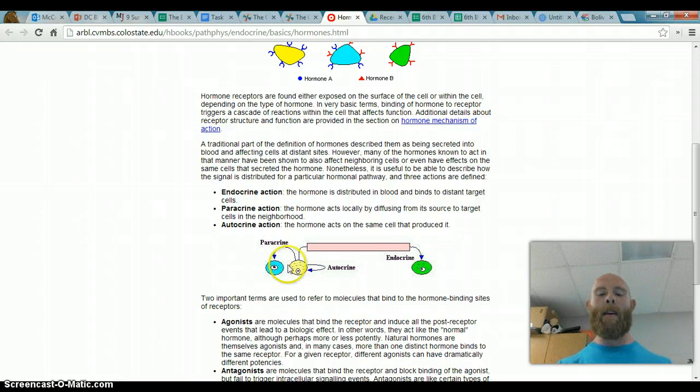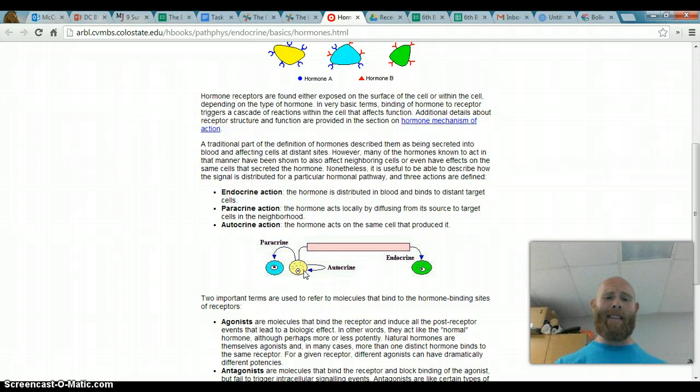We'll talk about that in just a minute. So paracrine is locally affected cells: the cell produces a hormone that travels a very short distance through diffusion and binds with a receptor, like they showed up here on the surface, and causes a change. You have autocrine signaling, where it's going to act on the same cell that produced it. So the secreting cell and the target cell are one and the same.